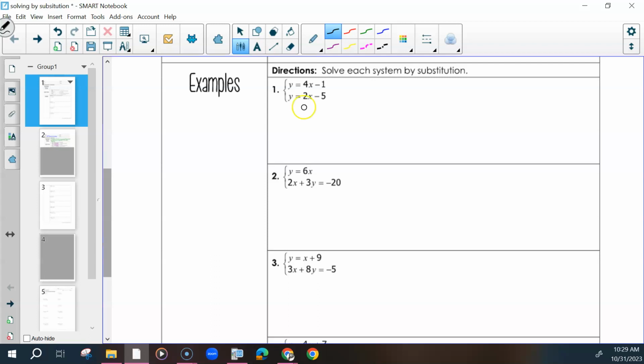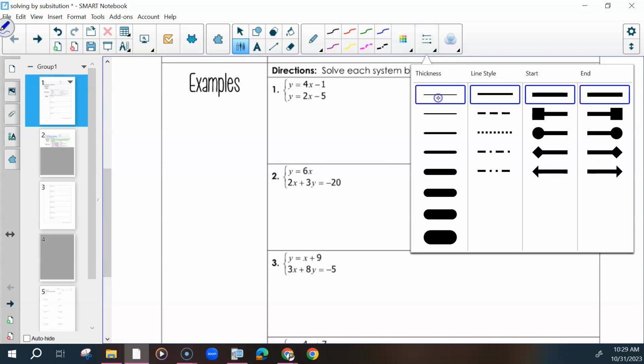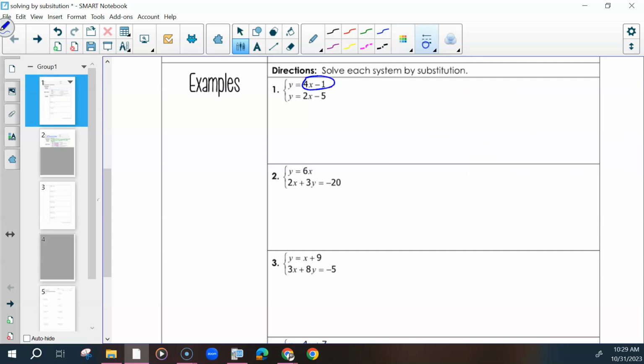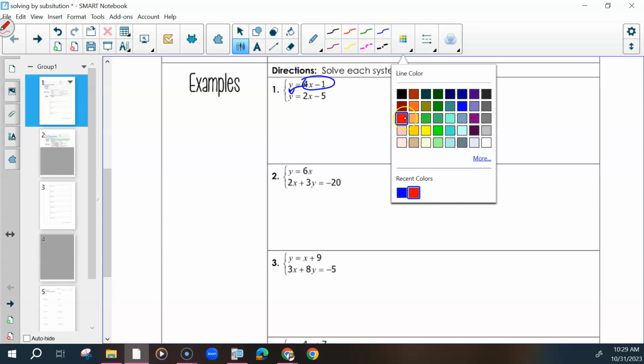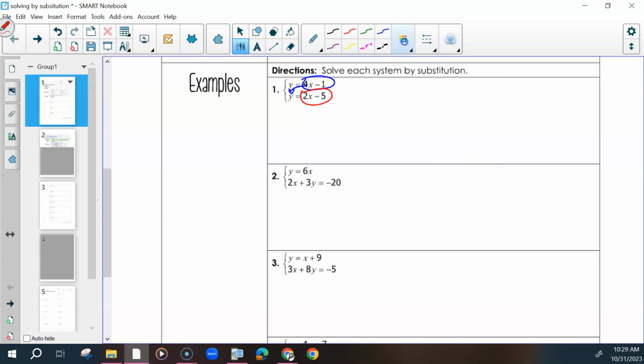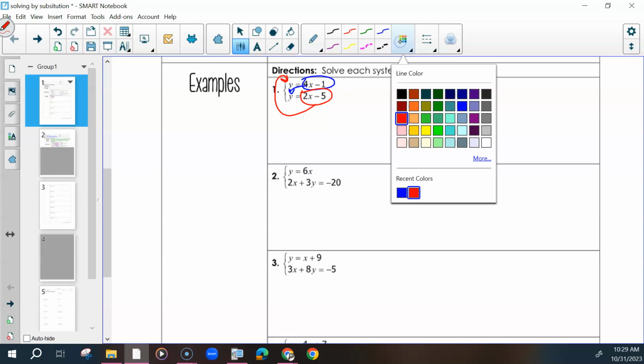You have a choice for this one because both of these are y equals. So you can either take this equation and put it in for this y, or take this equation, expression, whatever, and put it in for this y.